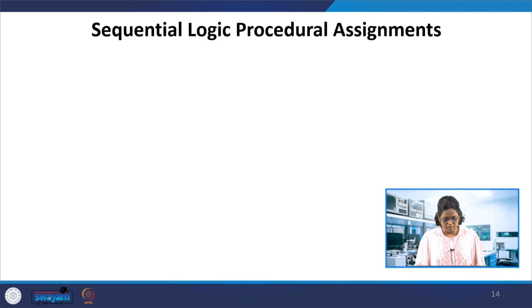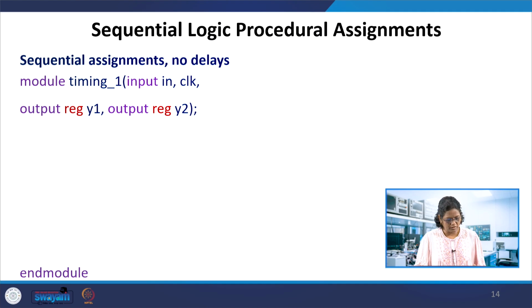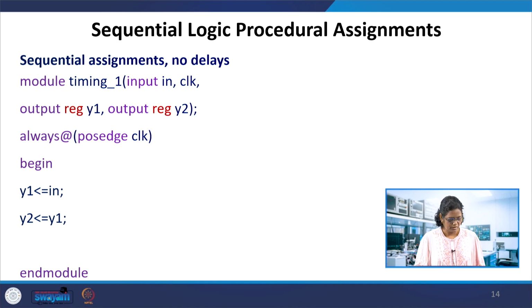So if you consider this block again, with the sequential logic and this assignment with no delay, but if you change the code to y1 less than or equal to in, as a non-blocking assignment, that means the input is evaluated at passage of the clock, and y1 is also evaluated at the passage of the clock.